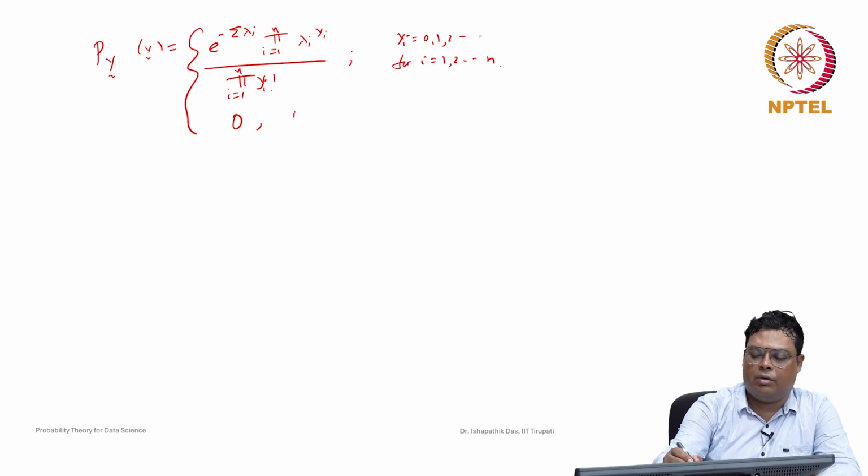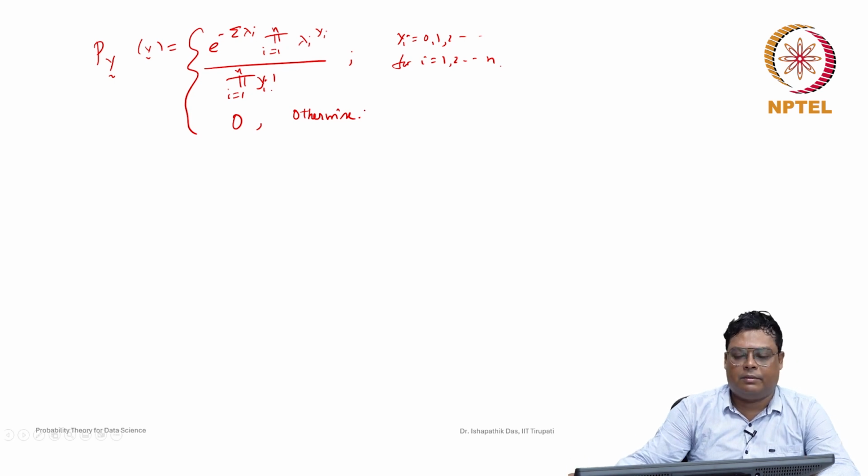So this is the joint probability mass function.